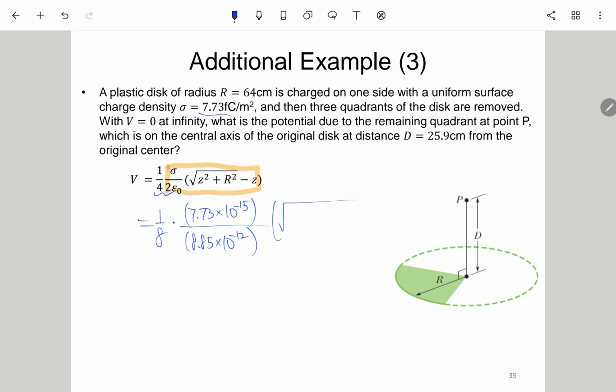What is z? Z is actually this d, so this is the z in that formula.